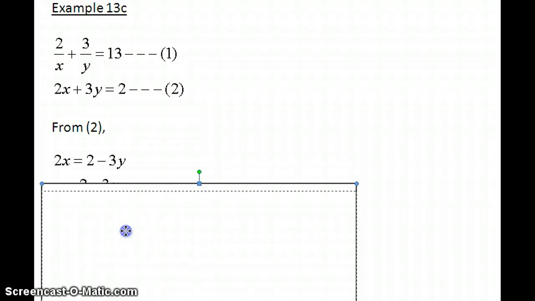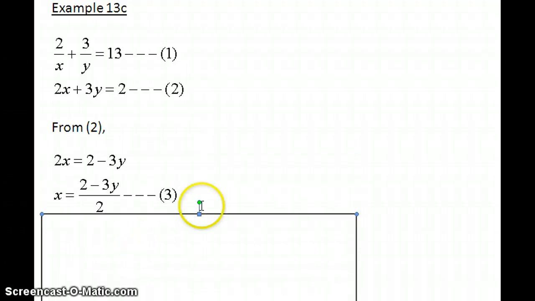So I manipulated the equation, and this gives me x equals to 2 minus 3y divided by 2, and I label this as equation 3. So my plan would be, I will substitute this equation 3 into equation 1, and I will then be solving an equation that deals solely with y.